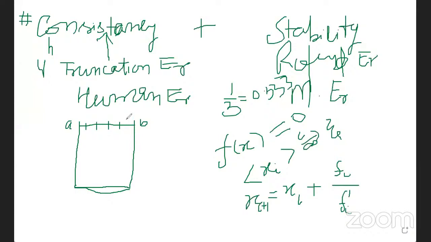Now, what is y(x)? y(x) is a function which is defined on the interval A to B. Basically we are approximating this continuous function y by a discrete function. Am I right?